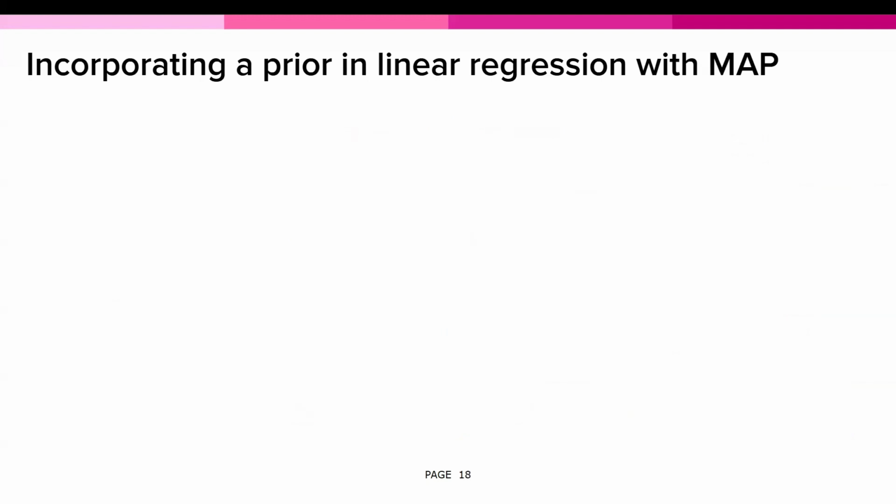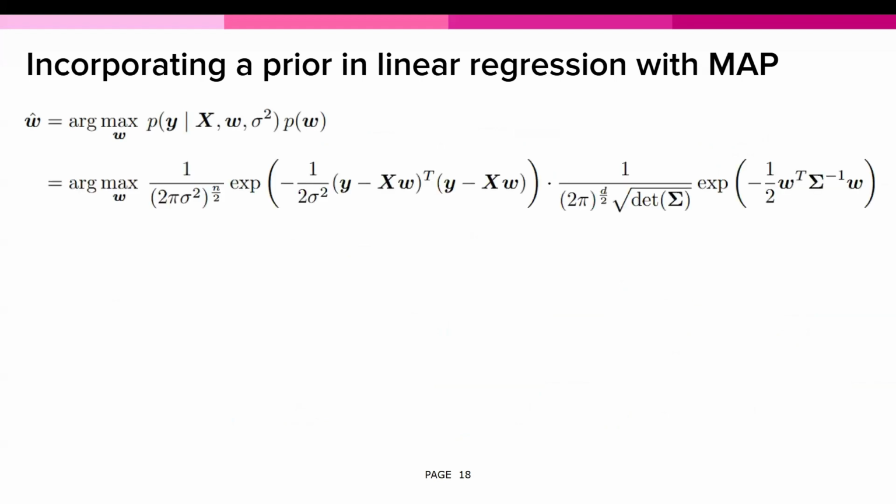Okay, so let's now get into how we can incorporate a prior into linear regression using MAP estimation. We first start off by combining our likelihood and our prior.